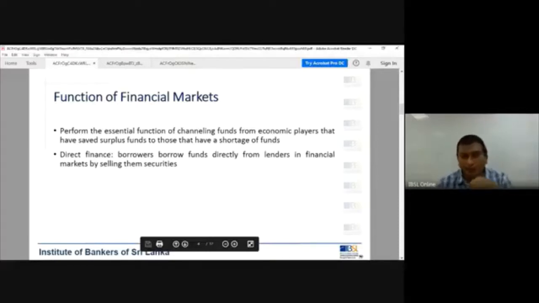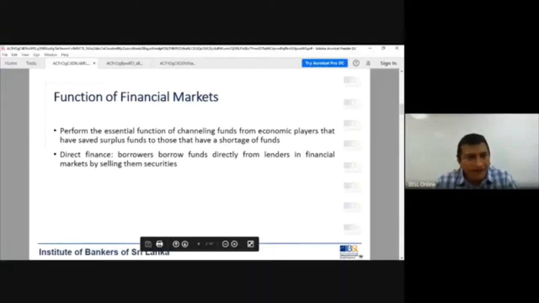Right. So we are moving on to see the functions of financial markets. Now you know what a market is, what an intermediary is, and the different types of markets that we were discussing all this time. So these are the details. So see the functions of a financial market.